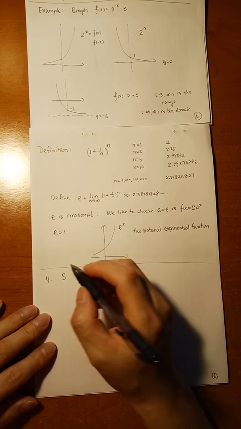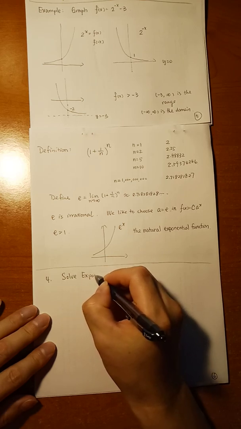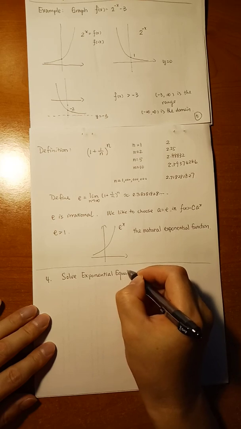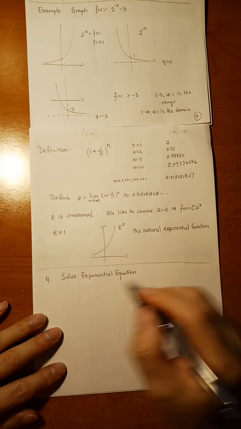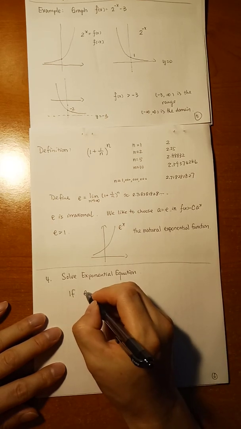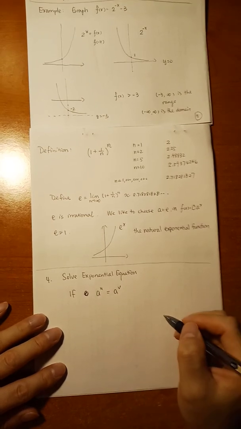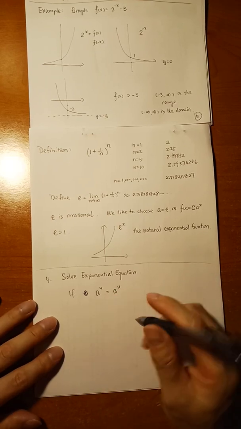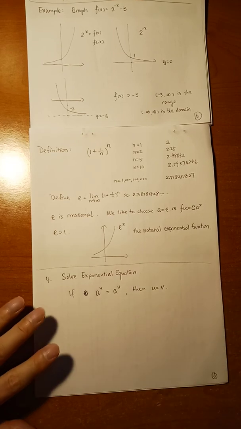Okay, so after we have the exponential function, let's see how we solve an exponential equation. An exponential equation is solved as the following. If you have a to the u equal to a to the v, two exponential expressions that are equal with the same base, then u must be equal to v.